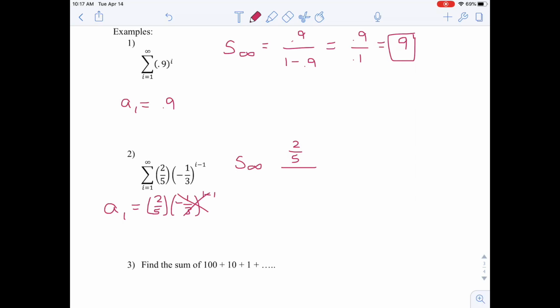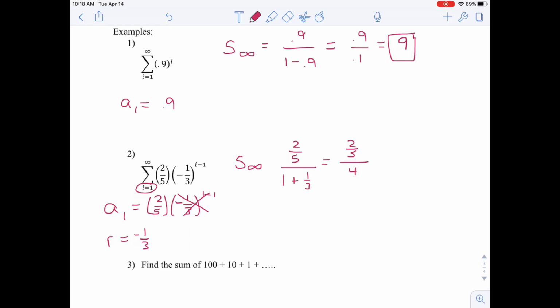Sum of... Now, if you notice, as I keep increasing my i in this case, so using i instead of n, we keep multiplying by -1/3, so r is -1/3, which is between -1 and 1, so we are good. That's 1 minus -1/3, which is 1 plus 1/3.